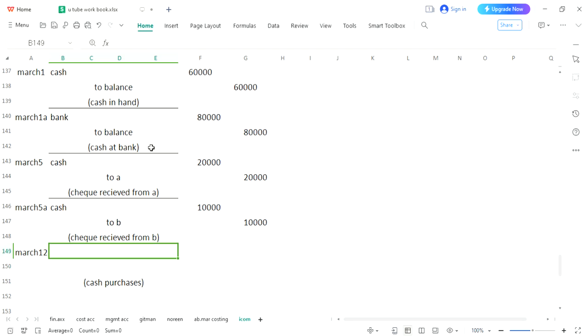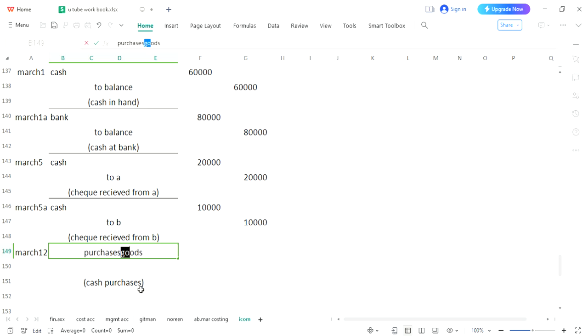When you purchase goods, goods will come in. Goods are your asset. Asset would be increased. Increase in asset should be debited. So we were supposed to write goods over here. But in accounting, we do not write goods. In place of goods, we write the working, and what working are we doing? We are buying. So in place of goods, we will write purchase.